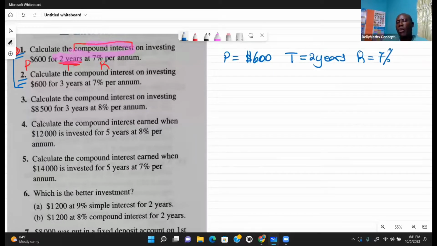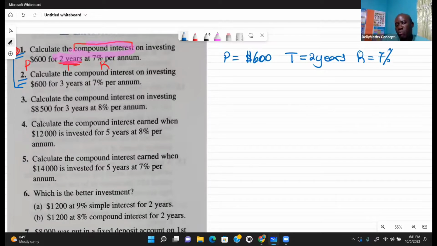Remember, when you're working out these, we did say that there is a formula that could take you to the money at the end. And what do I mean? It's going to take you to the total in your account when everything is added on to it. So it's going to be your money plus the interest that you got. And that is how we're going to split it apart to know what the interest was or is.